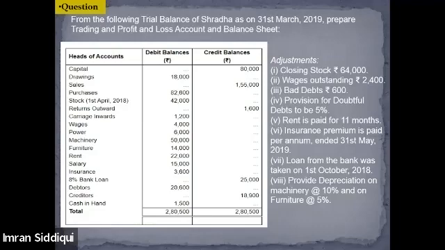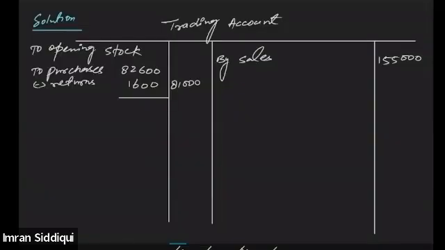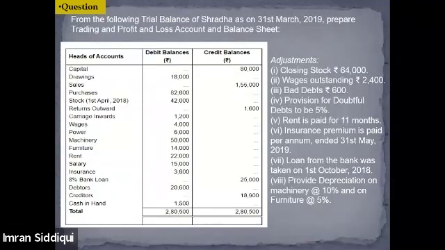Then opening stock is given. Opening stock is 42,000. Then return outward, we already treated it, carriage inward.